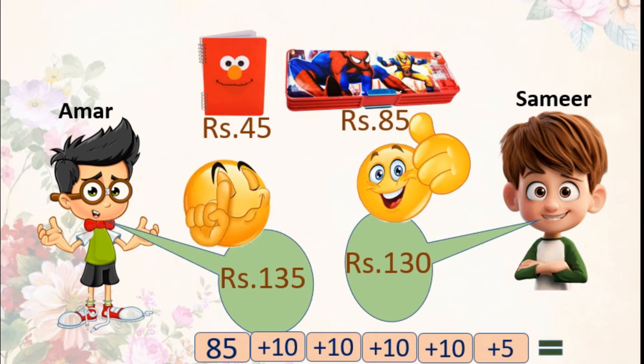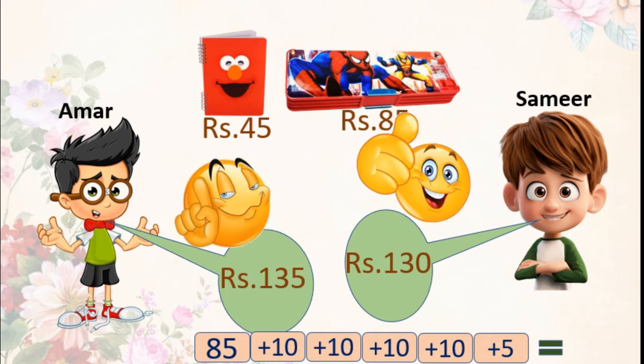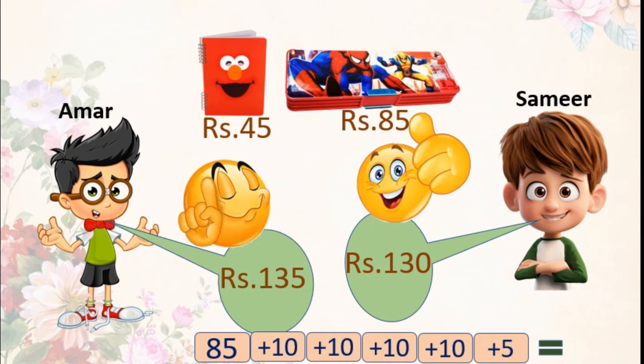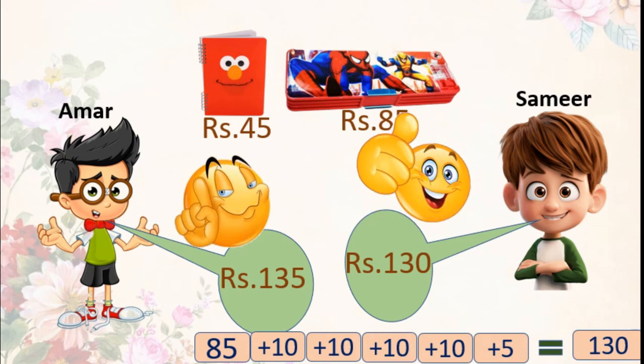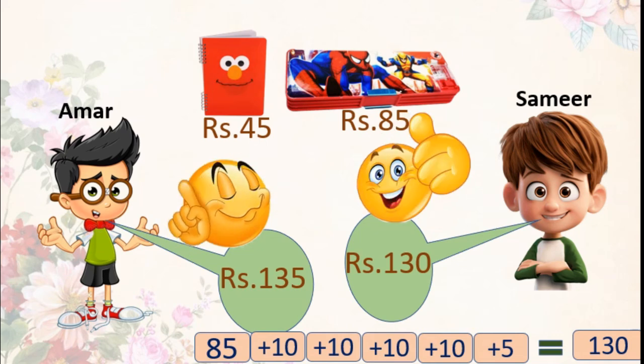See, 85 plus 10, 95 plus 10, 105 plus 10, 115 plus 10, 125 and plus 5 is 130, isn't it? So between rupees 135 and rupees 130, the answer for the sum is rupees 130, the perfect answer, isn't it?